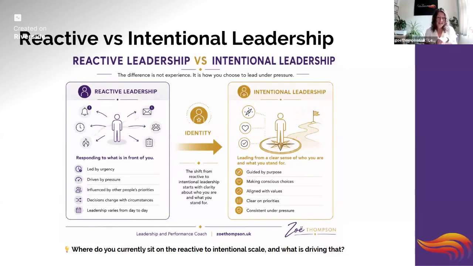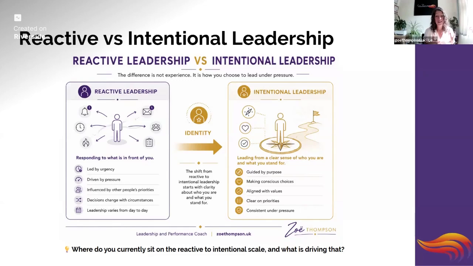When we are leading with intentional leadership, it comes from the root of your identity. That's why we are starting with this in the first module, recognizing what leadership means to you and aligning it with who you are and what matters most to you helps you to identify what intentional leadership looks like. We want to shift from the reactive leadership into intentional leadership.